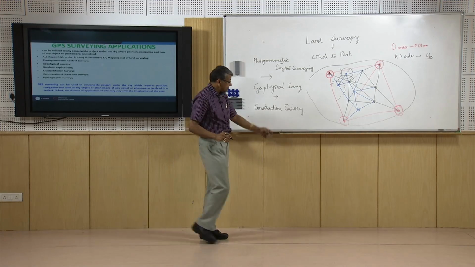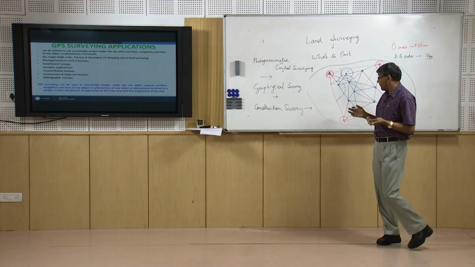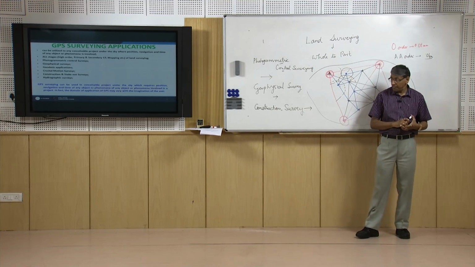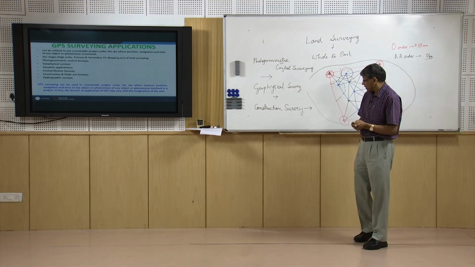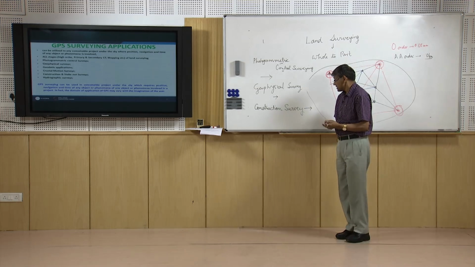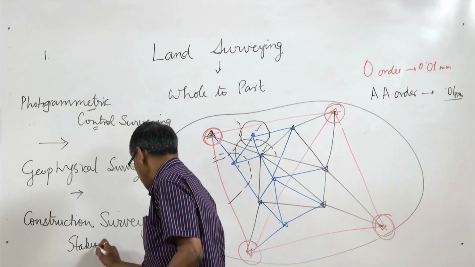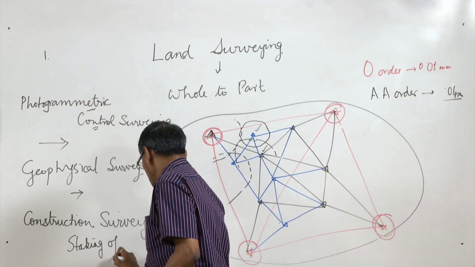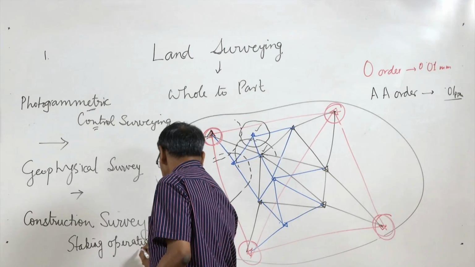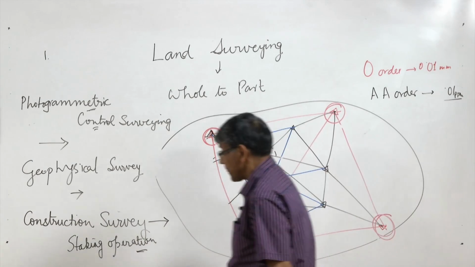In construction survey we have already prepared a map of the construction site using AutoCAD, and by using the AutoCAD map and GPS, the staking operation, which was very difficult to do earlier, can now be done very easily, quickly and accurately using GPS.